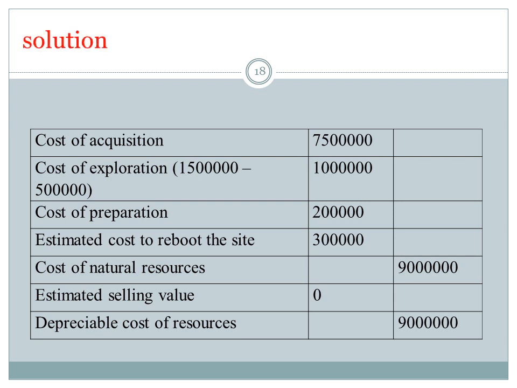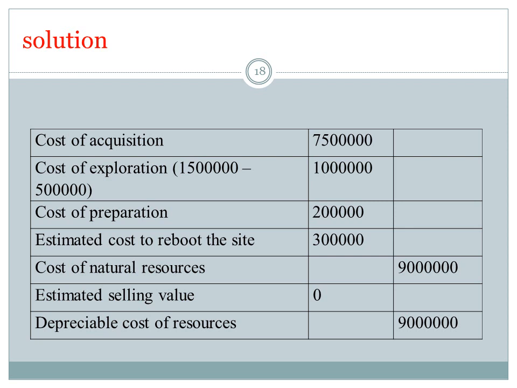First, the depreciable cost of resources equal cost of acquisition plus cost of exploration plus cost of preparation plus estimated cost to restore the site equal cost of natural resources minus estimated selling value equal depreciable cost of resources.